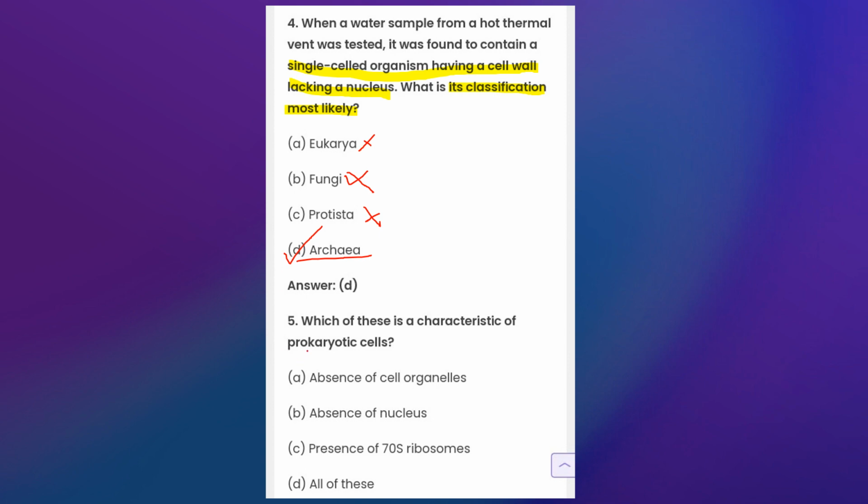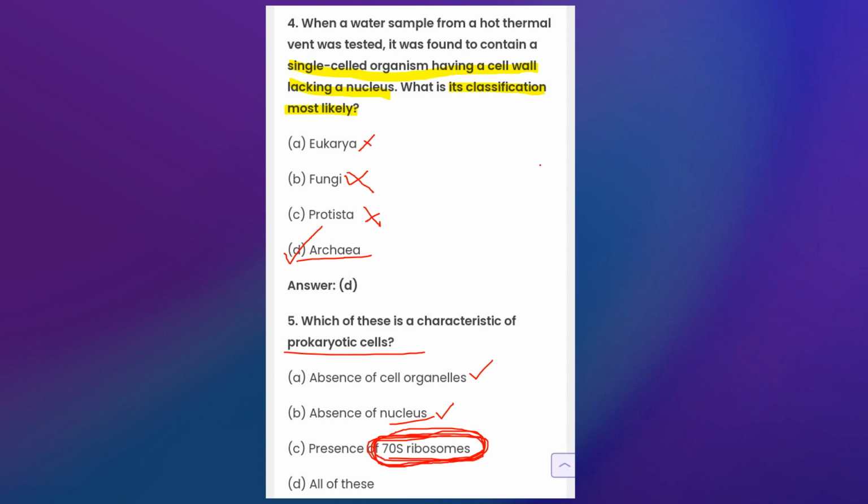Which of these is a characteristic of prokaryotic cell? Absence of cell organelles? Yes, there are no cell organelles present in prokaryotic cell. Absence of nucleus? Yes. Presence of 70S ribosome? We will study about the 70S and 80S ribosome in the ribosome part.